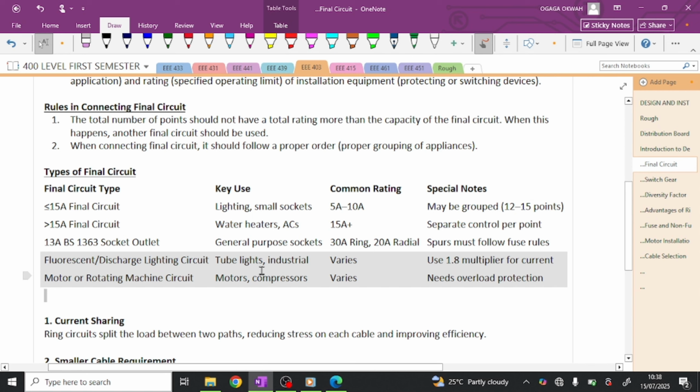But most times we talk about the home. Their ratings vary, including the ones for motors and rotating machines. But the ones for motors and rotating machines require overload protection.